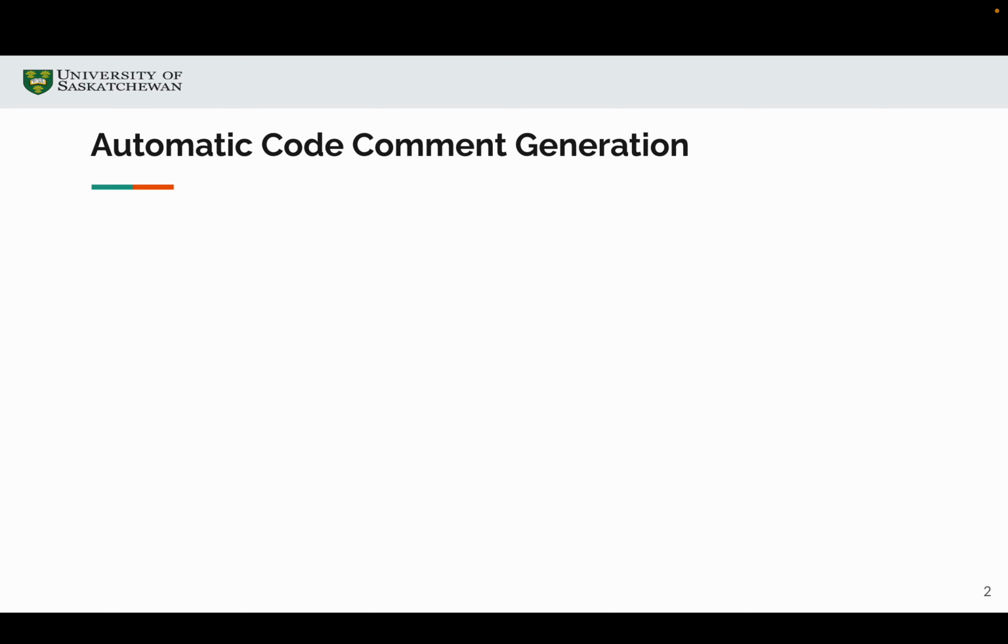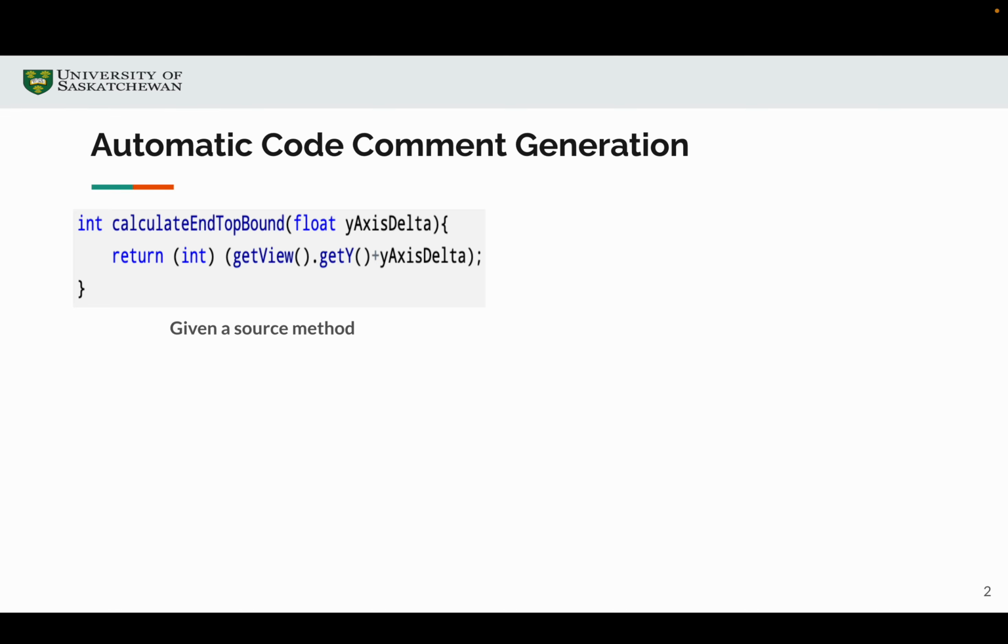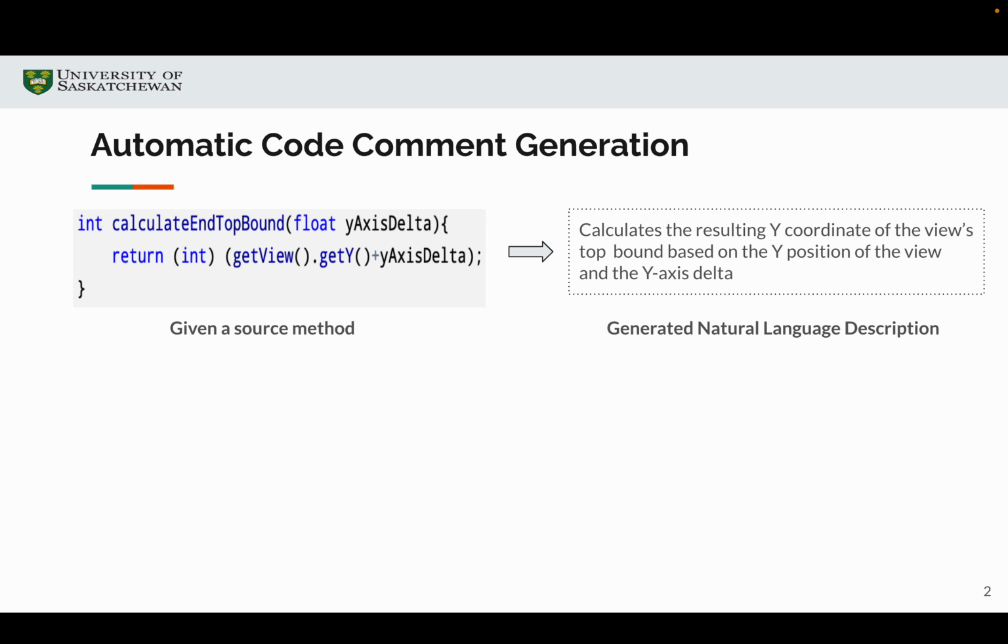So, what is automatic code comment generation? Given a source method, the task is to generate a natural language description so that you can understand what the code is doing. It is very helpful for beginners who are new to projects.